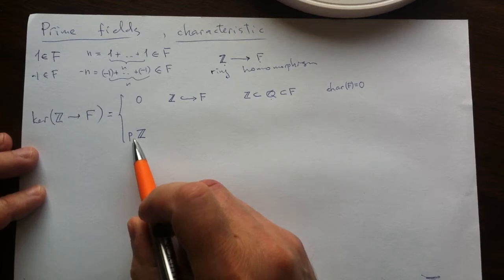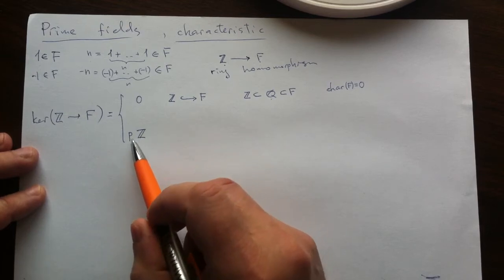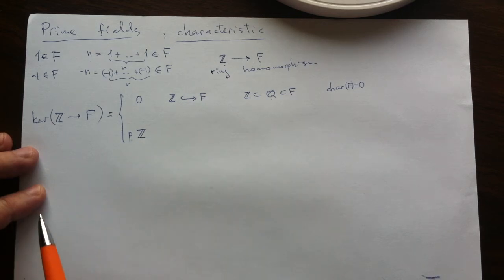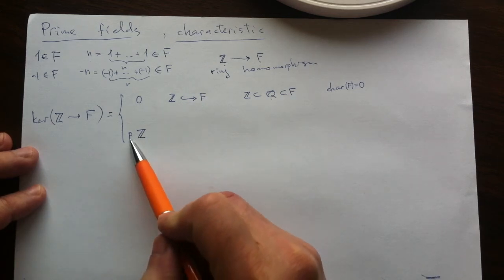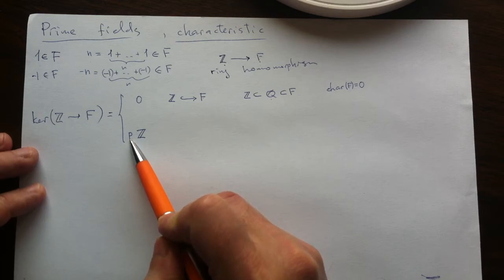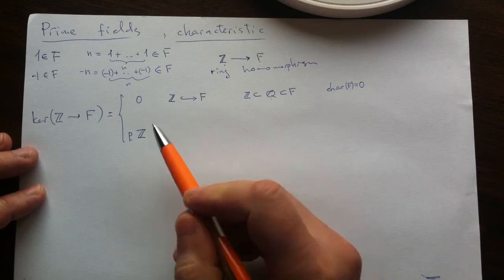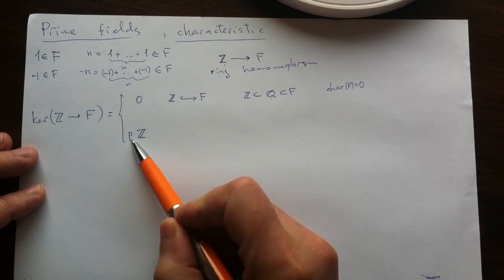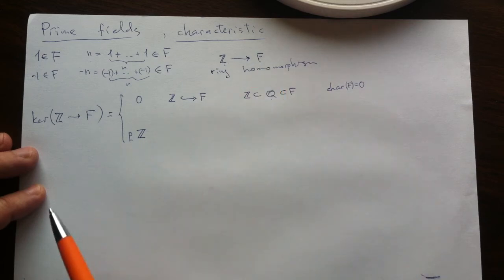The other possibility is that we do have a kernel, and it must be generated by a single element. So let's look at this natural number P. What can it be? I argue that it cannot be a composite number, a product of two numbers bigger than 1. If it is, then this product is equal to 0 in our field, so we'll have two zero divisors.